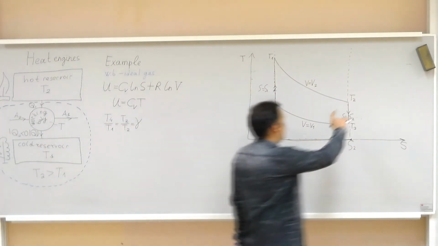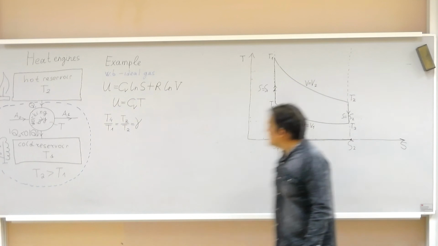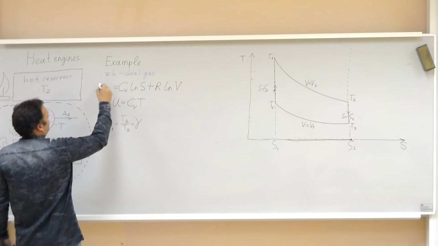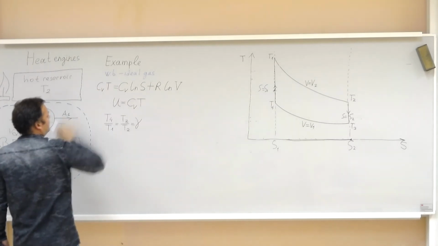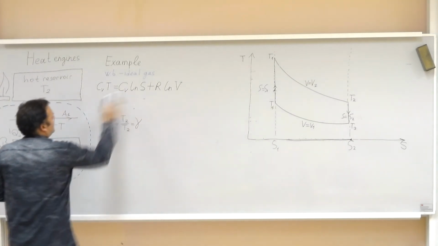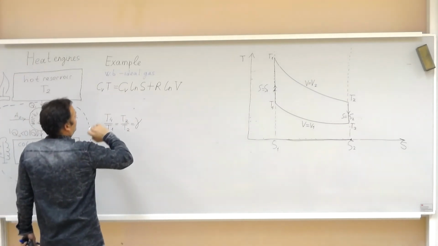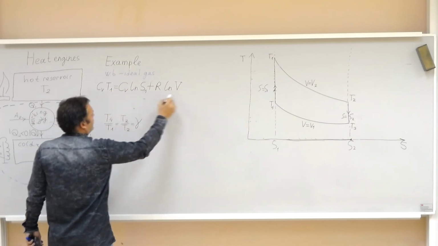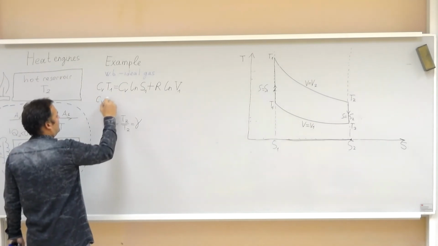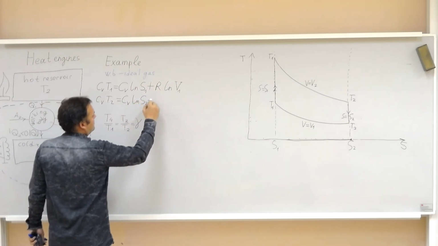So the ratio of temperatures is one and the same here and here. This comes from the equation of state. Here I put CVT, and here I put CVT. And if I have two states, state 1 and state 2.